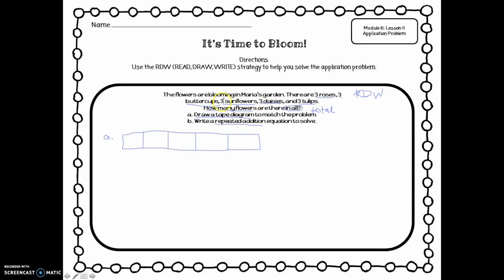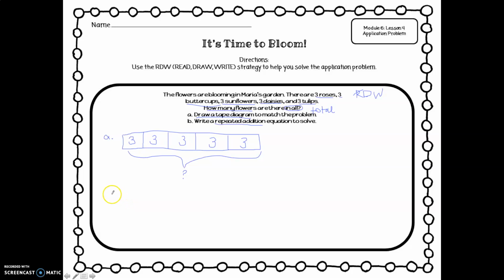Now, how many flowers are in each part here? So there were 3 roses, 3 buttercups, 3 sunflowers, 3 daisies, and 3 tulips. And we're trying to figure out the total, or how many flowers there are in all.